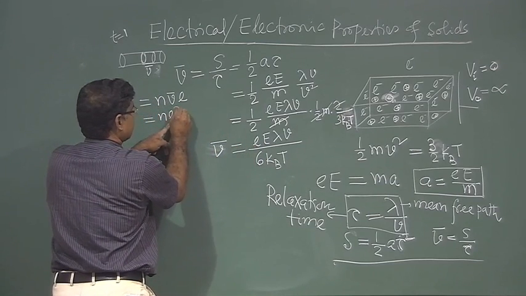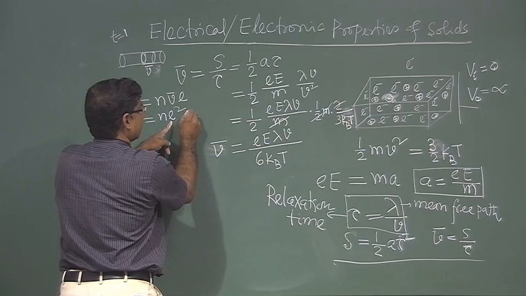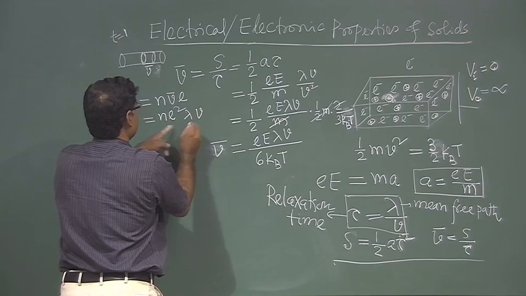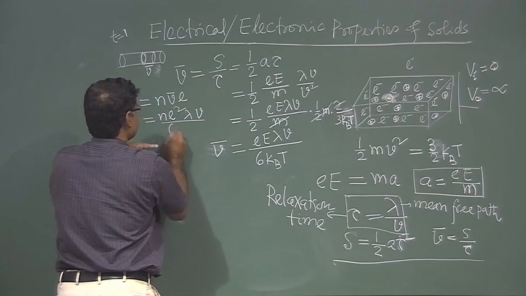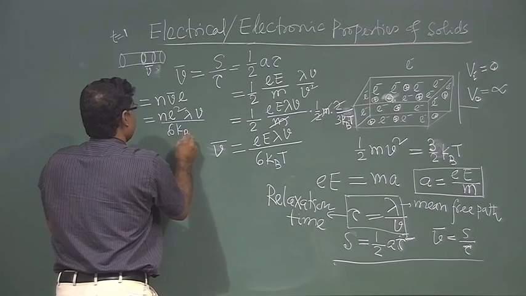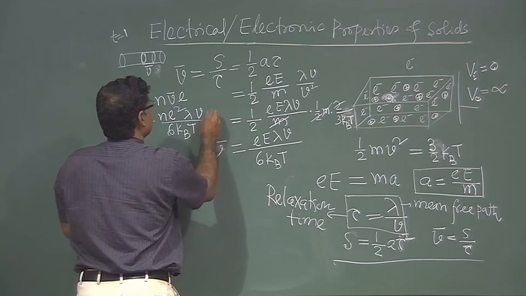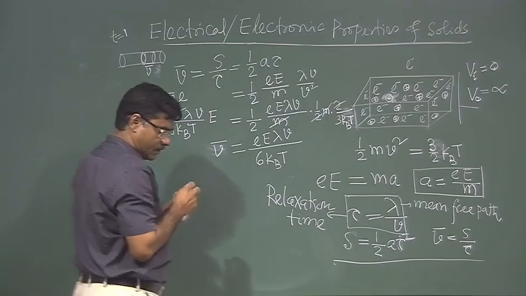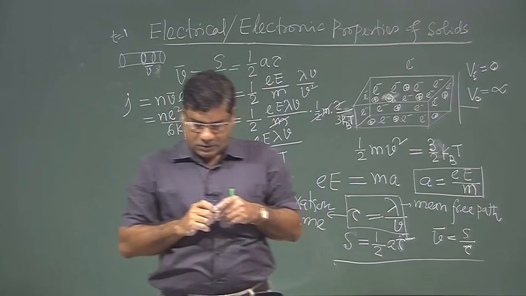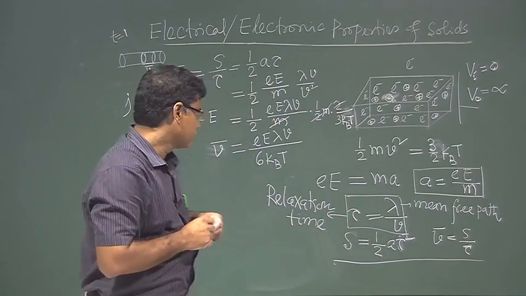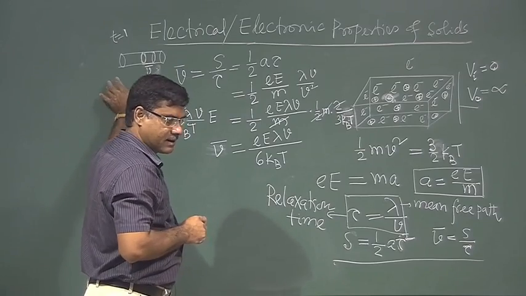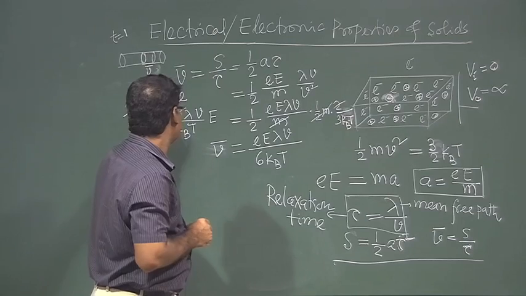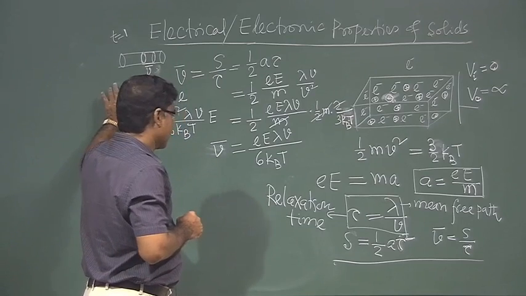So, I will write e square lambda v by 6 k B T into this E. Okay. So, it's current density, I was telling charge density. So, charge density is n, this is the current density.